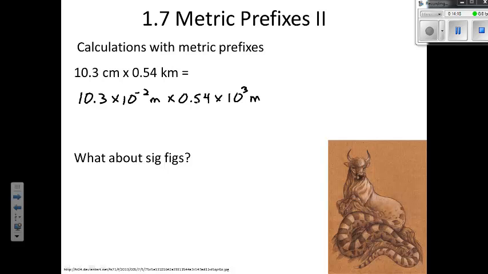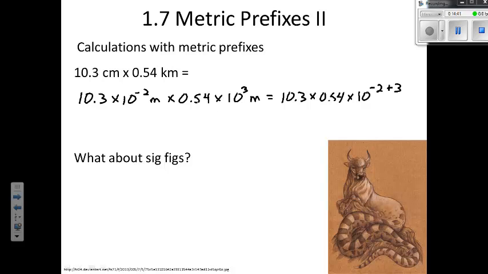And it's just a big equation now, right? So I want to group the like terms. So 10.3 times 0.54, and then the exponents, I can add the exponents, 10 to the minus second plus 3.